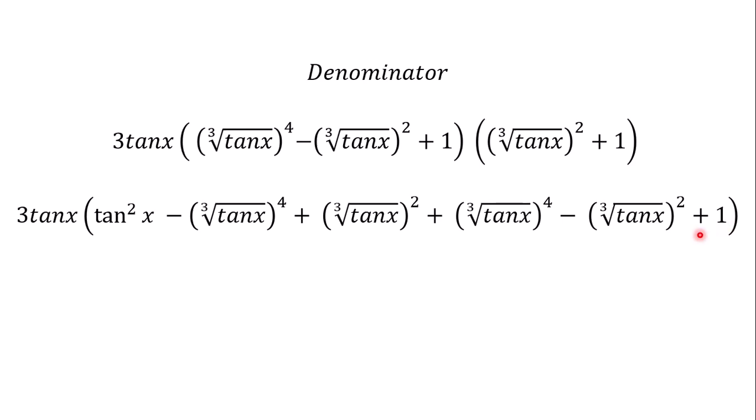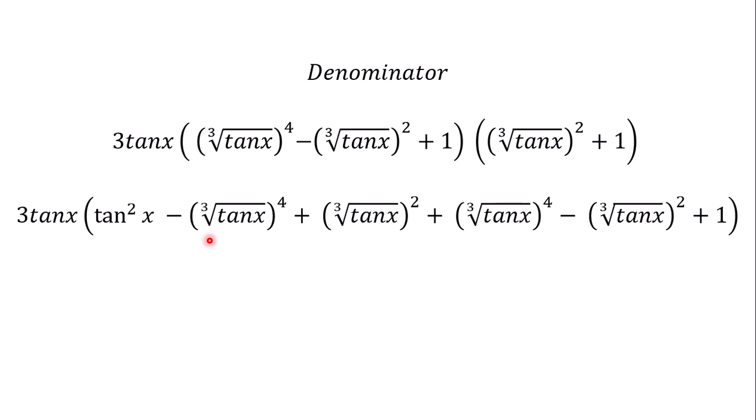Now what and what are the same? Minus cube root of tangent to the power 4 is the same thing as the positive 1 here. So this will cancel out with this one. It doesn't matter. This one is not lengthy, so you can easily see it.